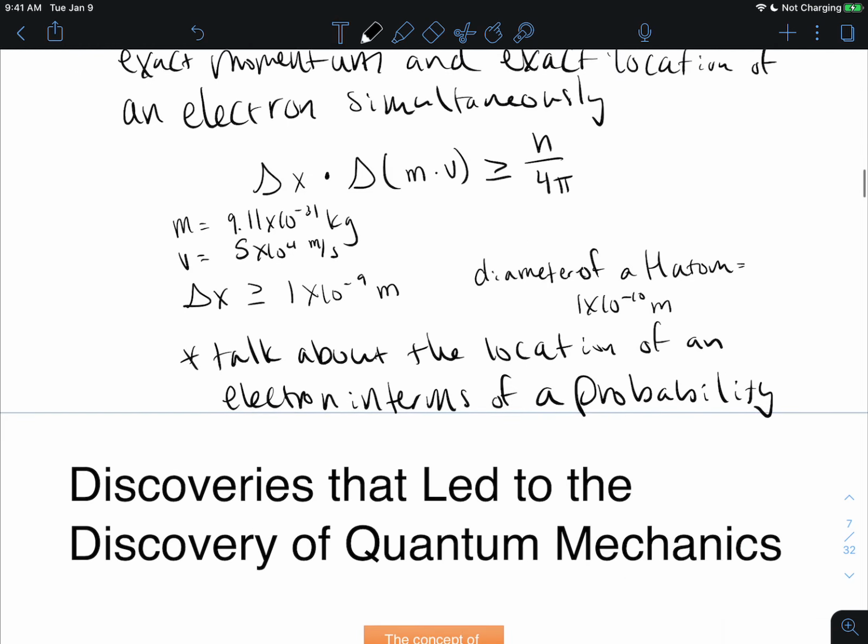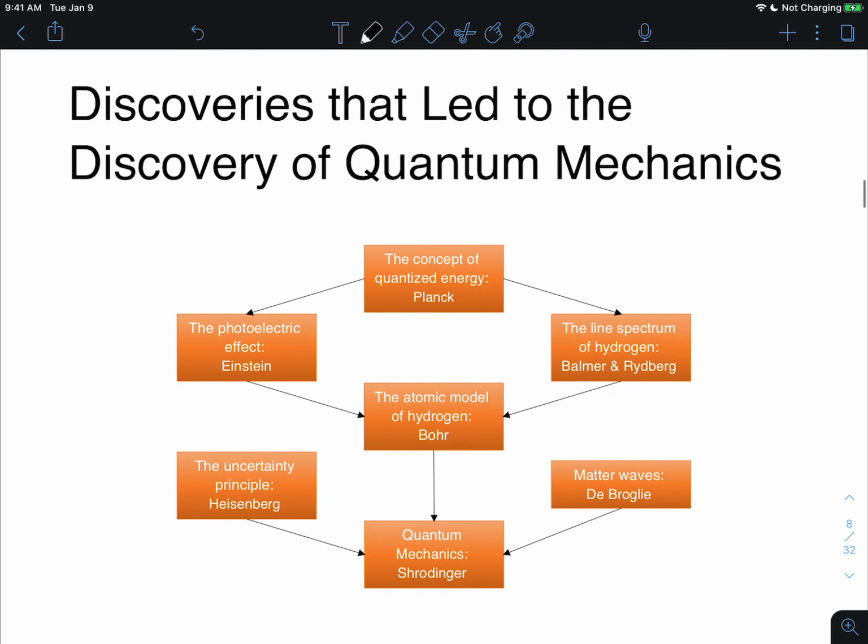So let's look at kind of a summary of what happened so far. First, we had the concept of quantized energy from Planck. And from that, Einstein was able to explain the photoelectric effect, and Balmer and Rydberg were able to come up with their equation for the line spectra of hydrogen.